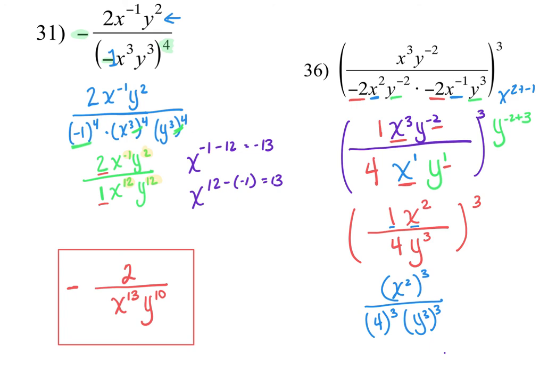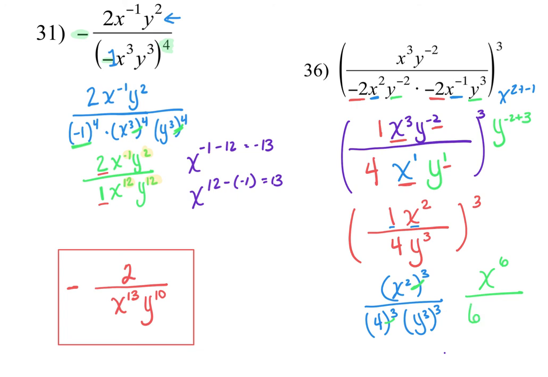And so my last step is just to do these powers. In the numerator, I have a power to a power. What do I do with those? Multiply. So 2 times 3 gives me x to the 6th. I have 4 cubed. 4 times 4 times 4 is what?